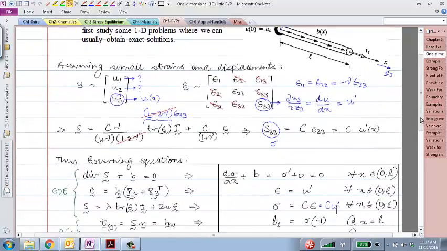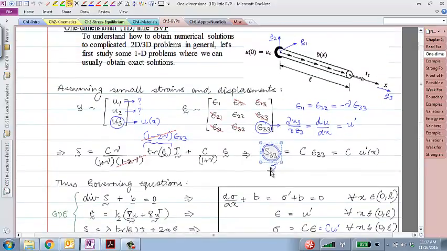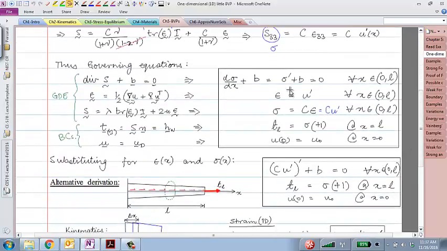We also said that if we look at the stress tensor, the only non-zero component would be the S33 component, which we called sigma. In terms of that, we took those original 3D governing equations and boundary conditions and found an equivalent one-dimensional system of equations that we wanted to solve.